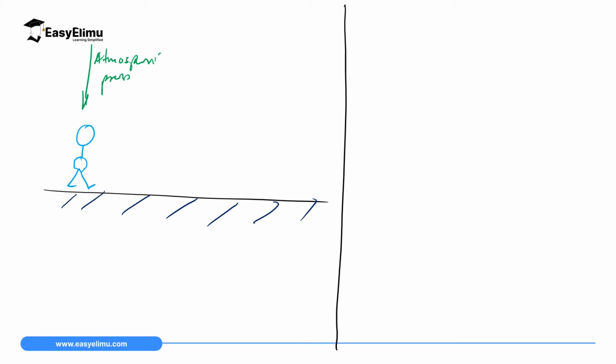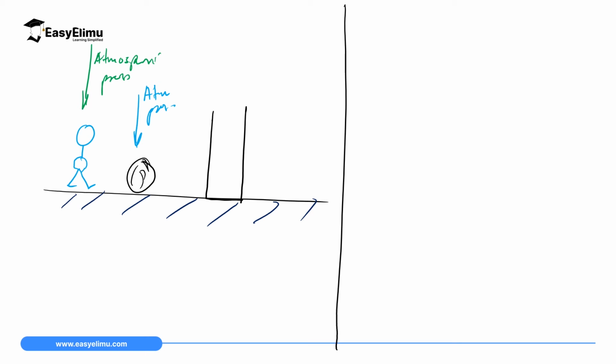If you have a stone or a ball, the boy is playing the ball, it is also experiencing atmospheric pressure. But now the question comes, what if you have a beaker containing water?